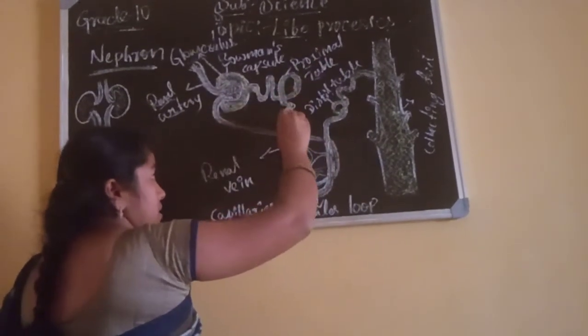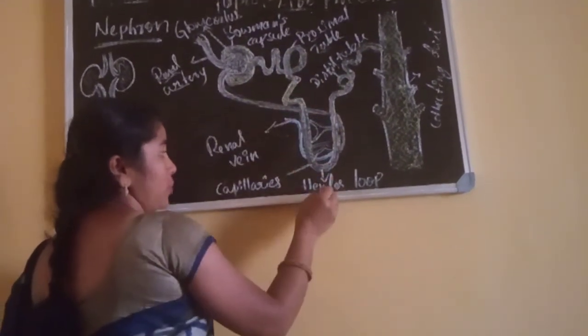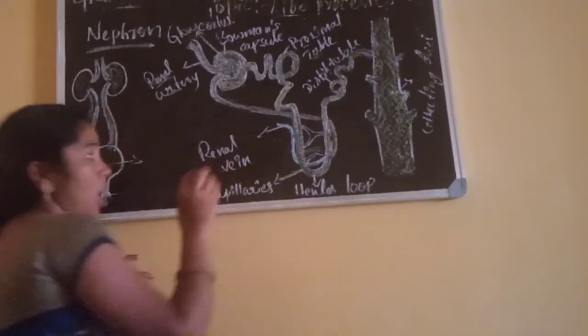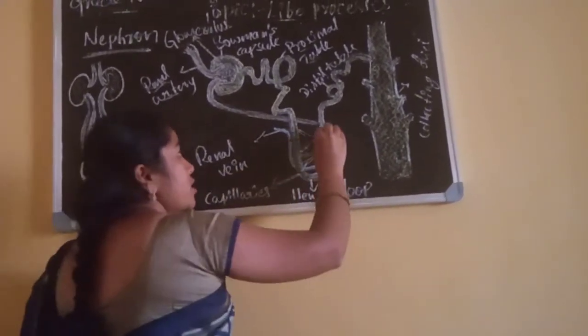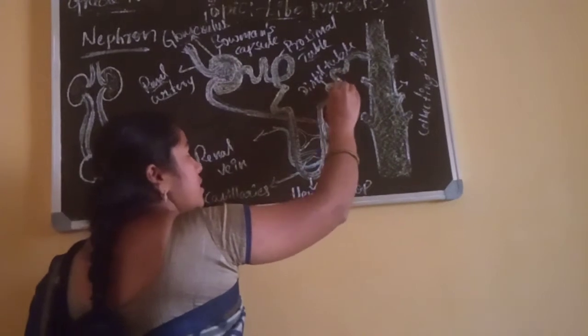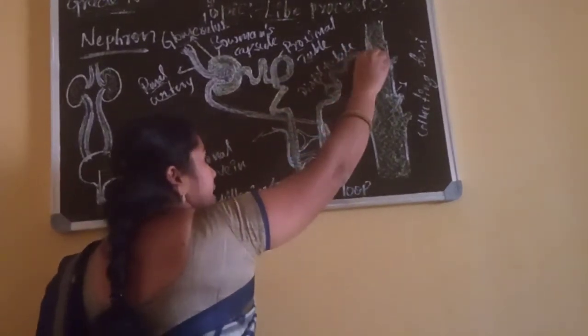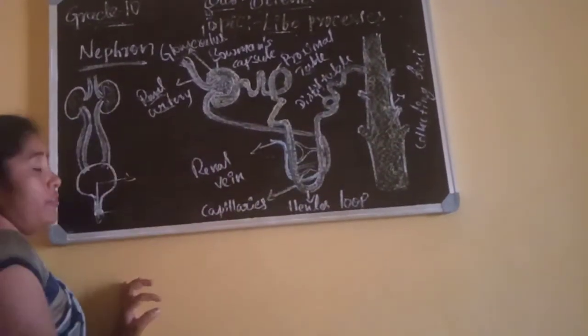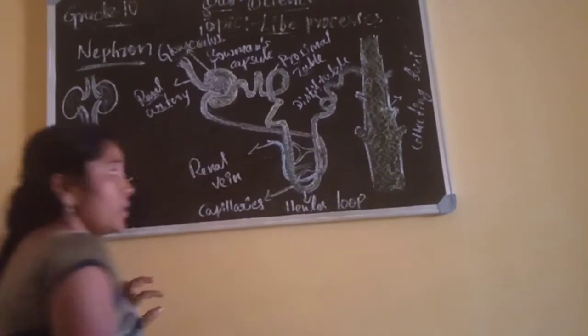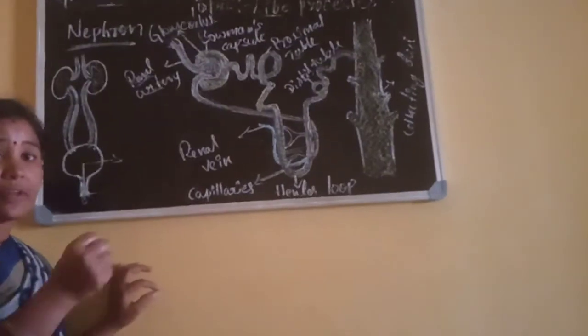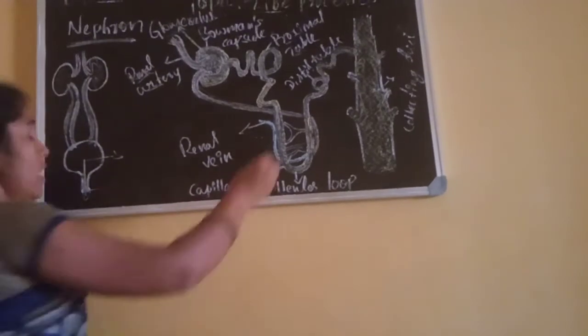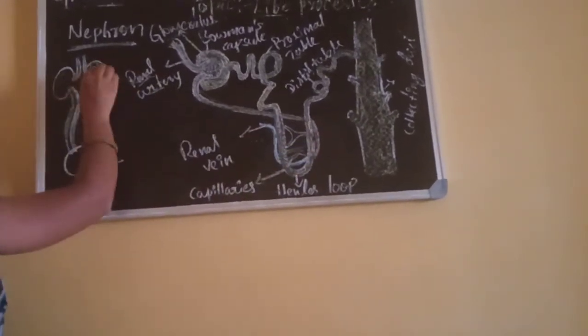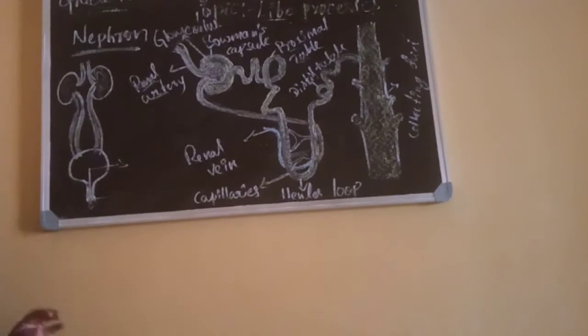Again it moves to the Henle's loop. Here excess water is absorbed, then the urine moves and passes to the distal tubule, finally connected to the collecting duct. From the collecting duct, urine is collected from all the nephrons, and like that urine is formed in the kidney.